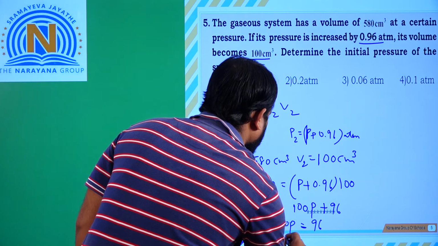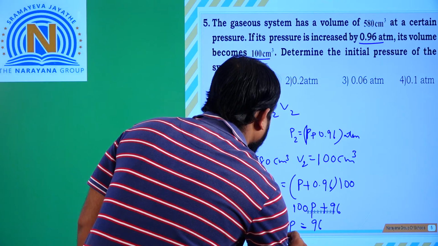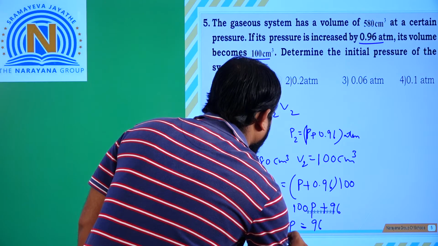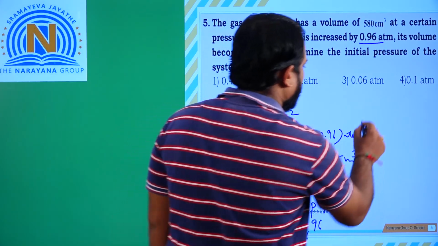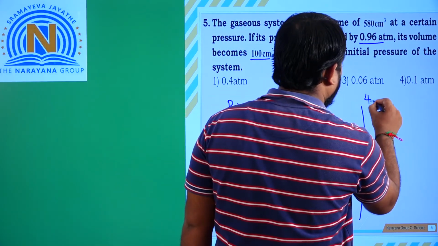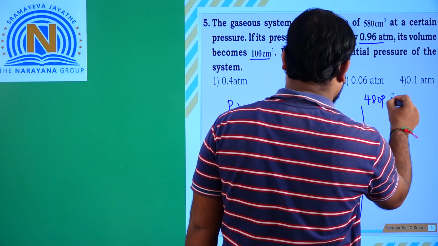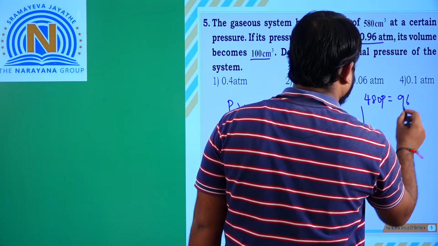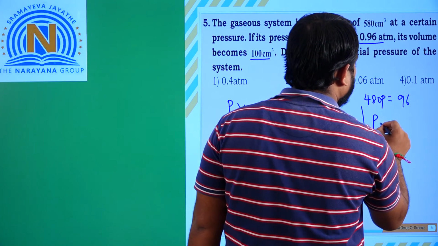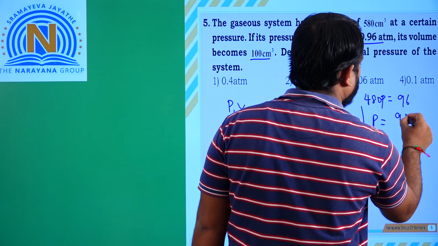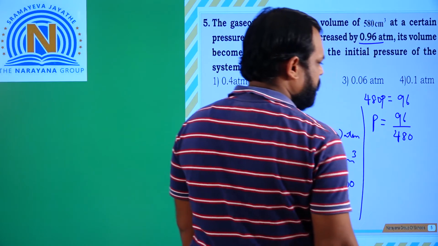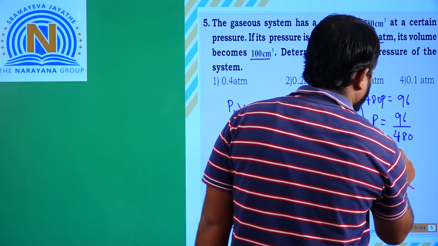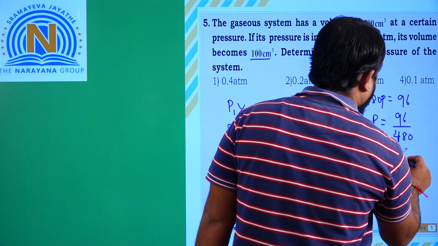That means 480 P is equal to 96. By cross multiplication, P is equal to 96 by 480, and you will get 0.2.